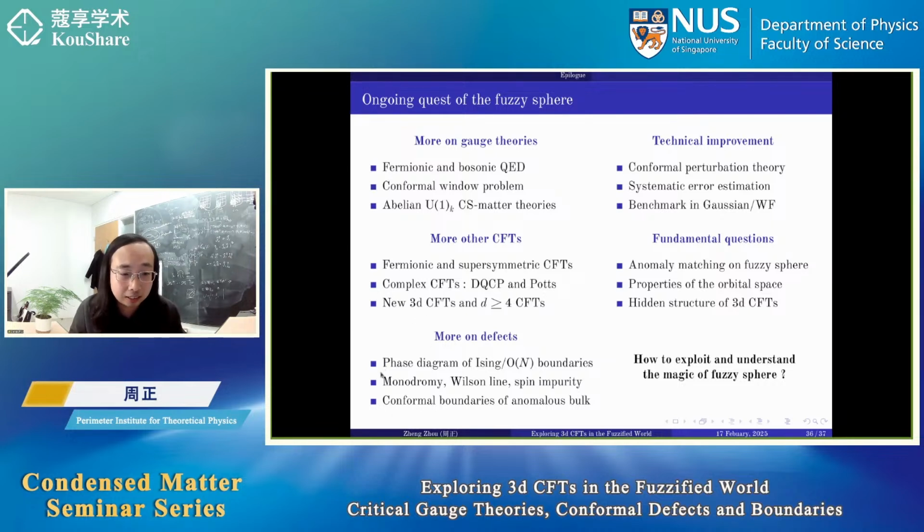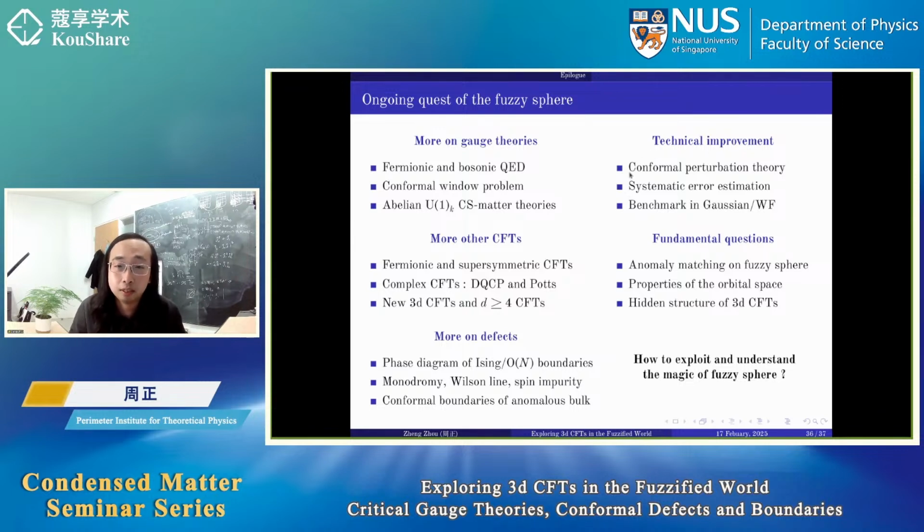Can we say more about the defects? For example, can we go through the phase diagram of the Ising or Wilson-Fisher boundaries? Can we study some more significant non-perturbative defects, for example, the monodromy and Wilson line? And can we further improve our technique?